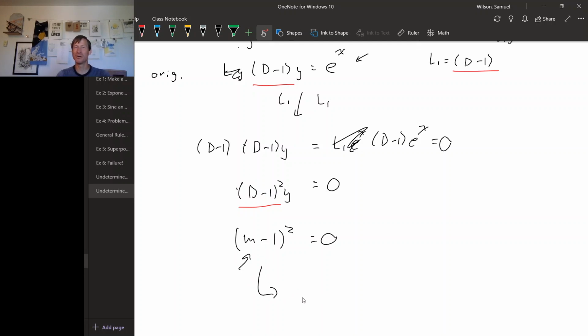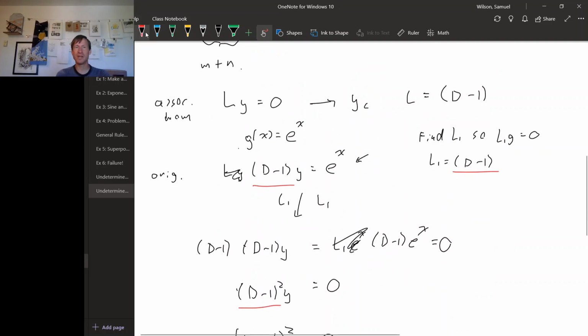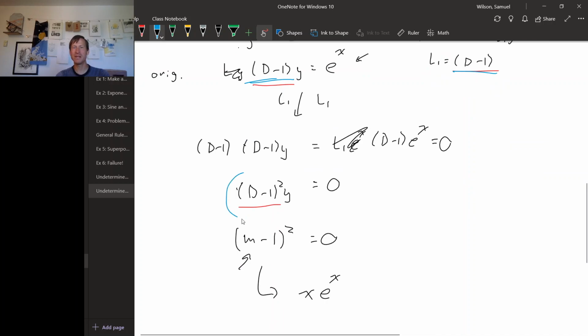So this would give you x e to the x instead of just e to the x. So that's the deep reason why, if there's this overlap between the linear operator in the homogeneous equation and the linear operator that kills g, you end up having to multiply by x until this repeat is removed. It's because you're actually getting a repeated root case. And we've seen that in a repeated root case for a homogeneous equation, you just get powers of x multiplying your initial solution.